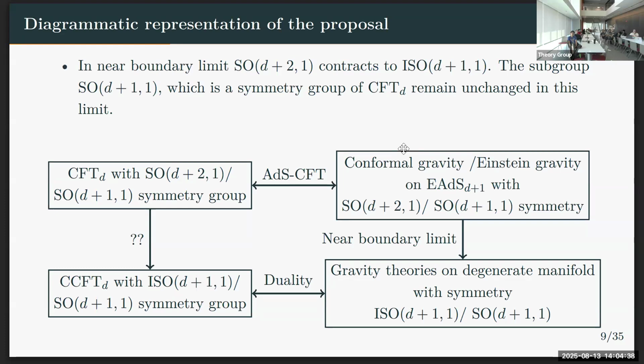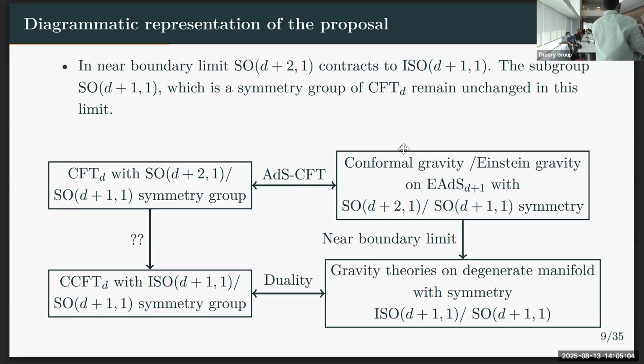Now this is the diagrammatic representation, so one doesn't have to look at the sentences. I just want to focus your attention here. This block says that, let's say I have a quantum theory of conformal gravity, or a quantum theory associated with Einstein's gravity on D+1 dimensional Euclidean anti-de Sitter space.